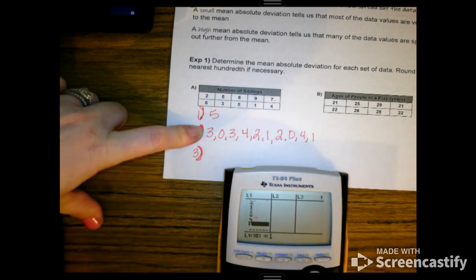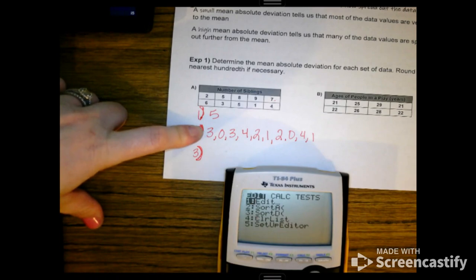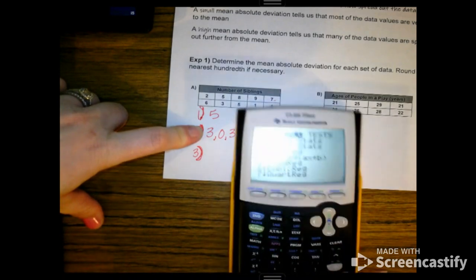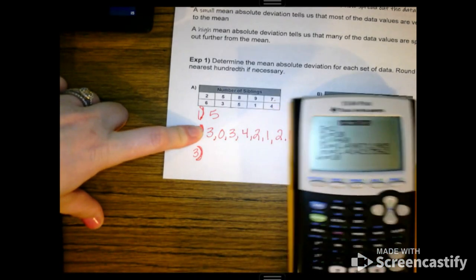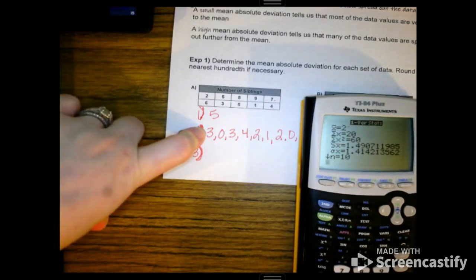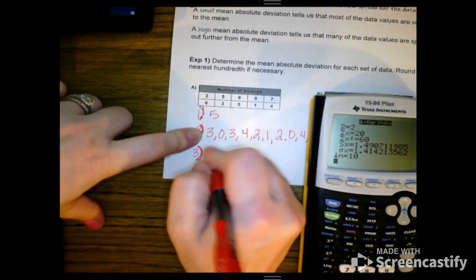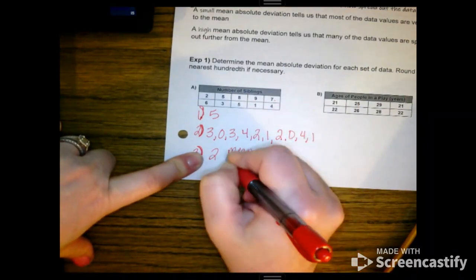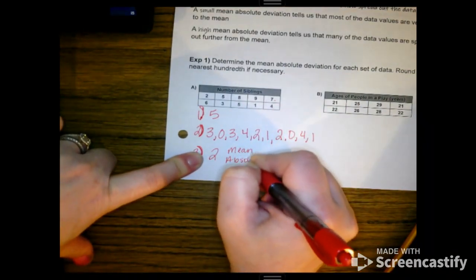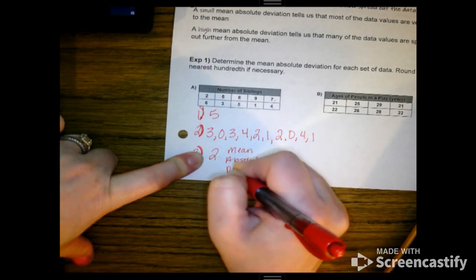All right, everybody got it? If it's in there, I hit Stat, I go over to Calc, and I hit Enter. What is my new mean? 2. So 2, okay? This is my mean absolute deviation.